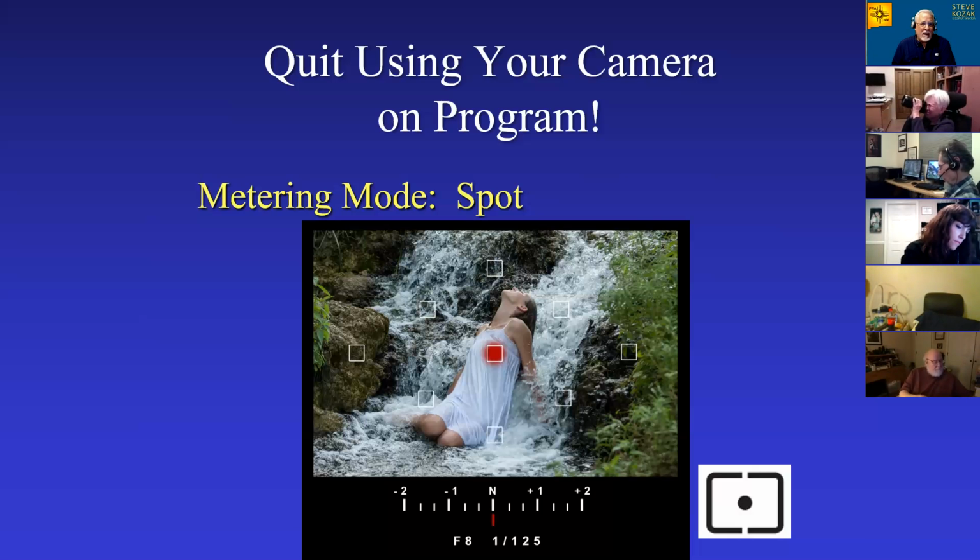Your graph may go to 3 stops under, all the way up to 3 stops overexposed. My little graph example here just shows -2 to +2, but get the feel of that graph. And maybe in there you'll also be able to see the f-stop and the shutter speed that you've chosen. It should indicate that to you as you look through there.